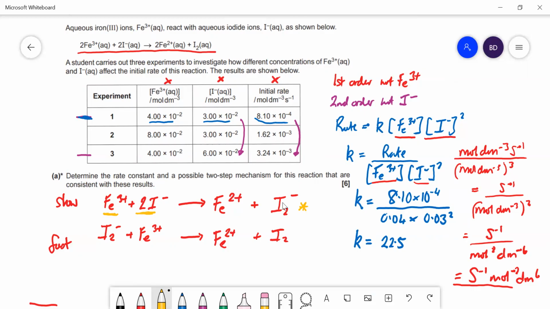I think one of the other alternatives they had was a bit different. They said you get an Fe+ and I2, right? That would be consistent. And then the second step, Fe+ reacts with an Fe3+ to give you two Fe2+. So there were several different alternatives that are allowed there.